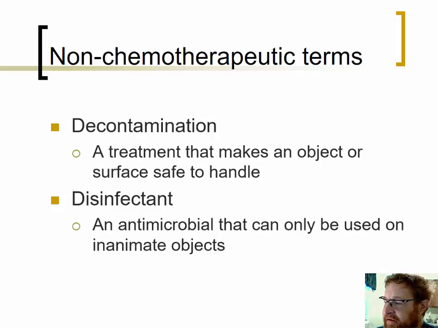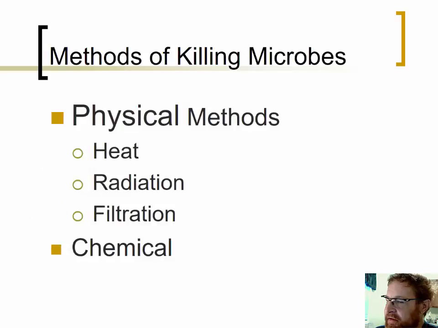A disinfectant is any antimicrobial that can only be used on inanimate objects. One of the disinfectants that we think about a lot may be bleach. Okay, bleach wouldn't be something you'd want to use on your skin, but you can certainly use it on inanimate objects.